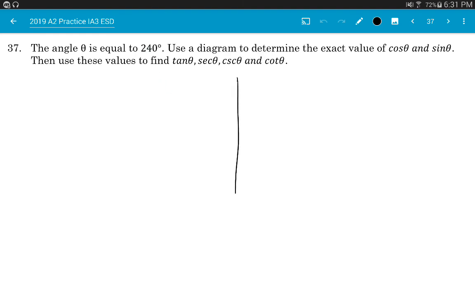240 degrees. What that tells us, 0, 90, 180, 270, 360. 240 is here. Drop a line. That makes this 60, because it's the difference between 240 and 180. That means this must be 30. And this is the right angle.